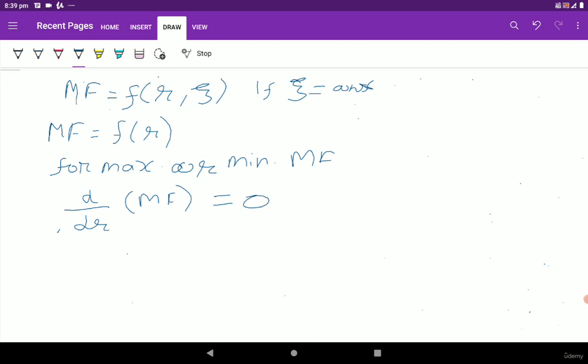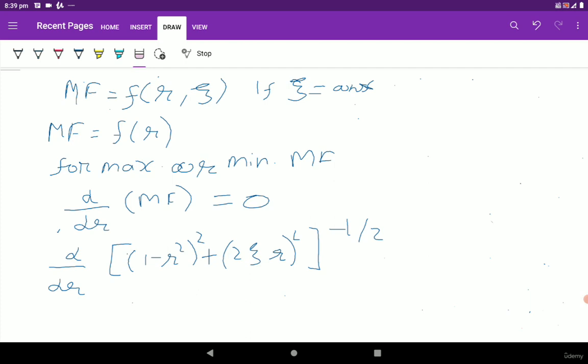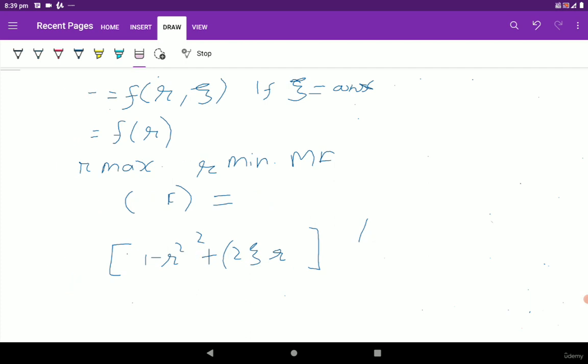So d by dr of (1 minus r square) whole square plus (2 zeta r) whole square, to the power minus 1 by 2. Let's further solve this equation.